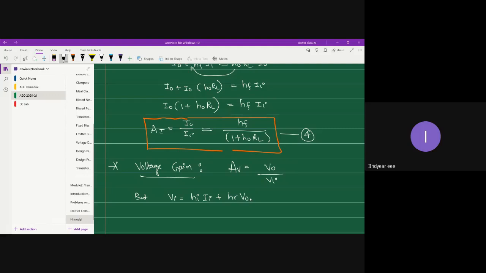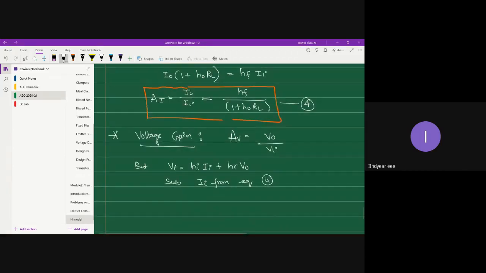So what we can do is substitute II from equation 4. What is it?